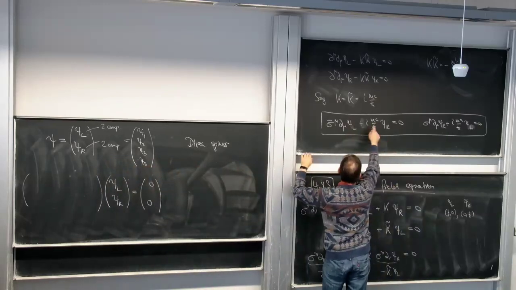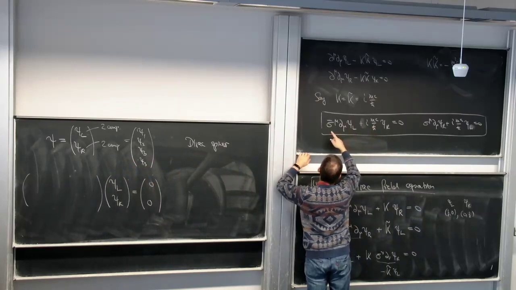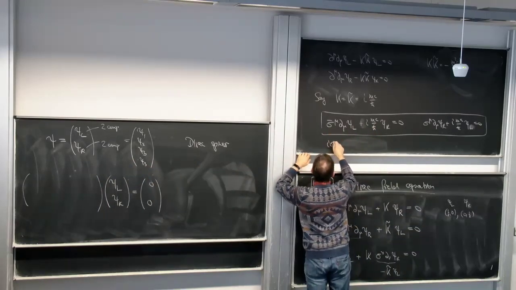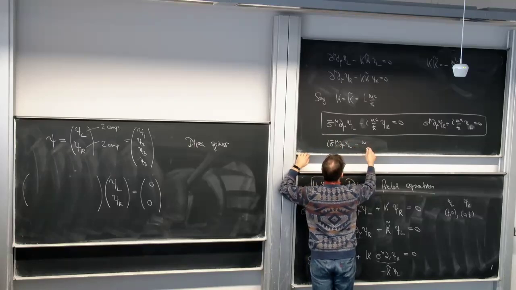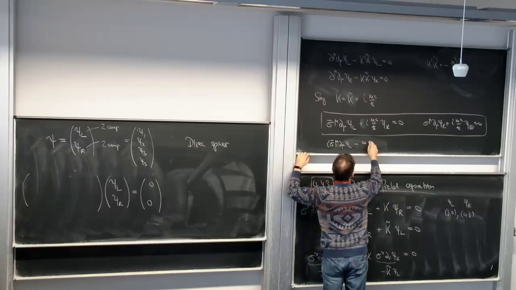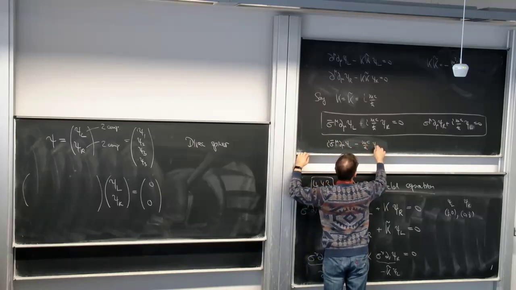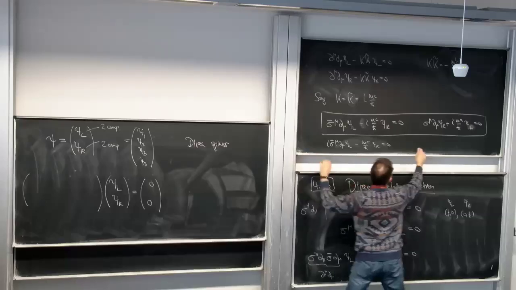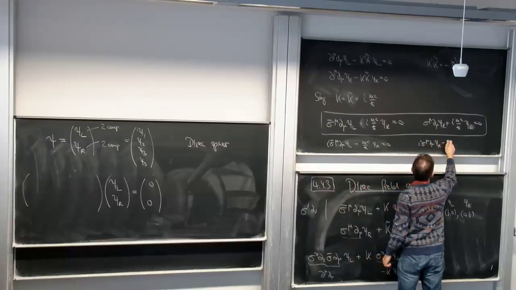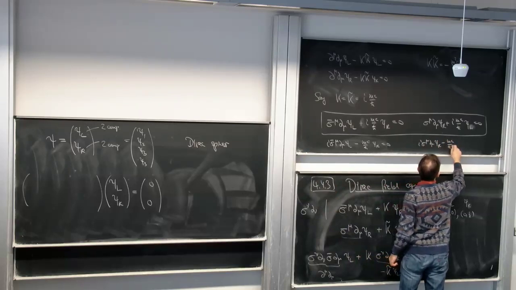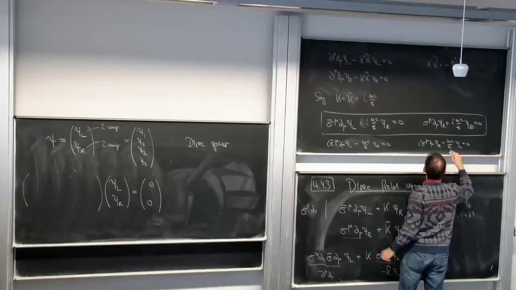So let's multiply the whole thing by I. Then you have I sigma bar mu d mu psi L minus MC over h bar psi R equals 0. And here I sigma mu d mu psi R minus MC over h bar psi L equals 0.